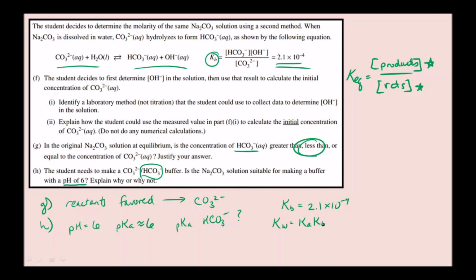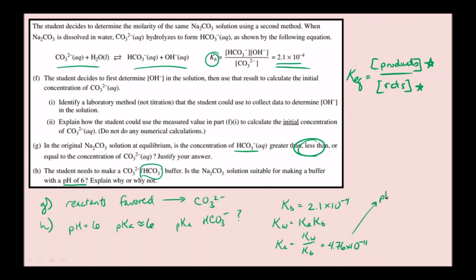We get that straight from our equations page. We know that Kw is equal to 1 times 10 to the negative 14, and we have Kb, so we can solve for Ka by dividing Kw by Kb, and we find that Ka is equal to about 4.76 times 10 to the negative 11.